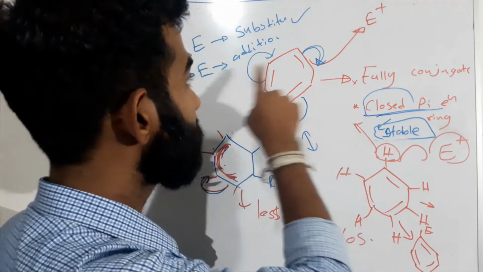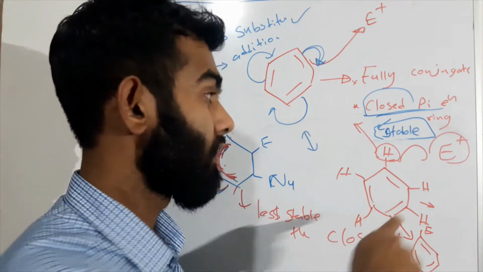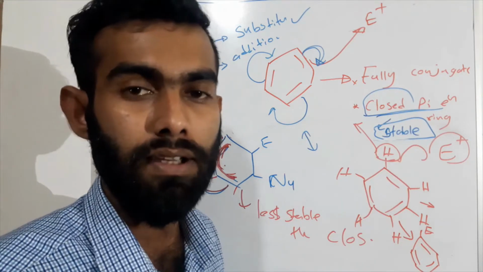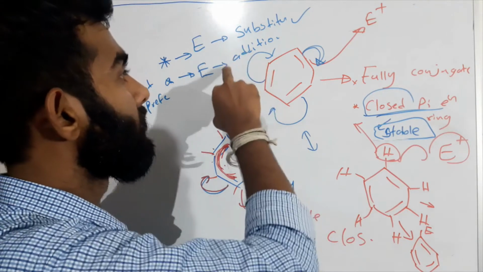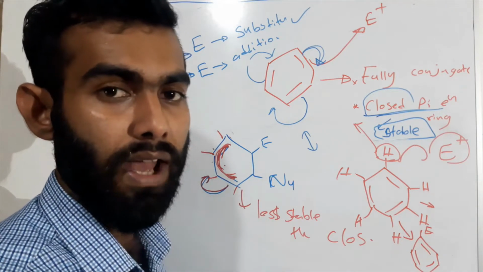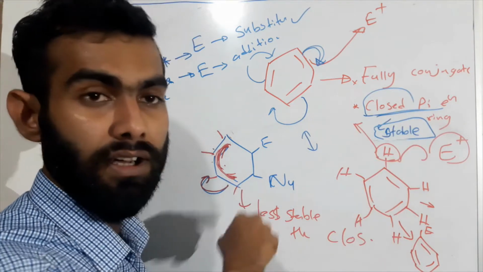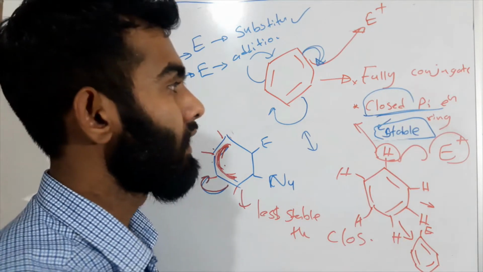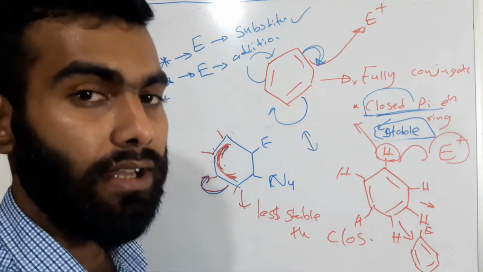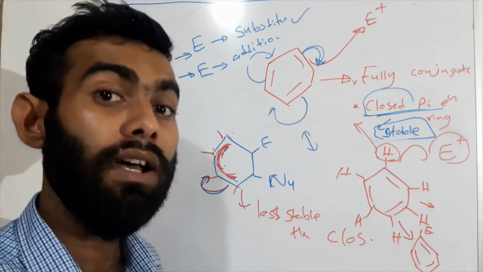So in a substitution reaction, nothing will happen to the cyclic, fully conjugated, closed pi-electron ring of benzene. If it undergoes an addition reaction, it will lose its pi bond and it will not keep the closed pi-electron ring. It will be a half pi-electron ring. So benzene will not undergo that type of electrophilic addition reaction. It will undergo electrophilic substitution reaction.